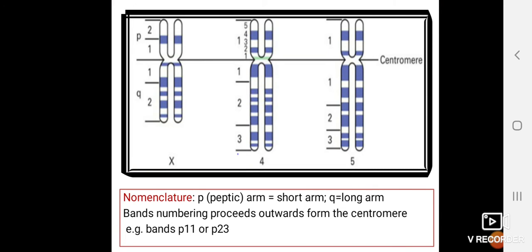You can see how the nomenclature is given, whether it is the P arm or the Q arm. The P arm is shorter and the Q arm is longer, and band numbering proceeds outward. For example, band P11 or band P23. P11 means in the P arm of the chromosome, it is P1 region and 1 band.